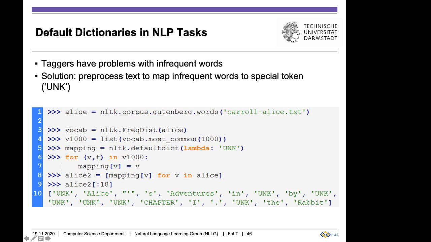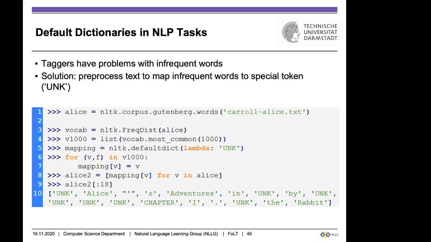Now we will see another use case for default dictionaries. For example, we have a task where we want to extract all the frequent words in the text corpus, but assign infrequent words to a special token UNK. To do so, we have, of course, first to load the text corpus, then we use frequency distribution functions to extract the vocabulary. Then we can call the most common function to get a thousand frequent words.